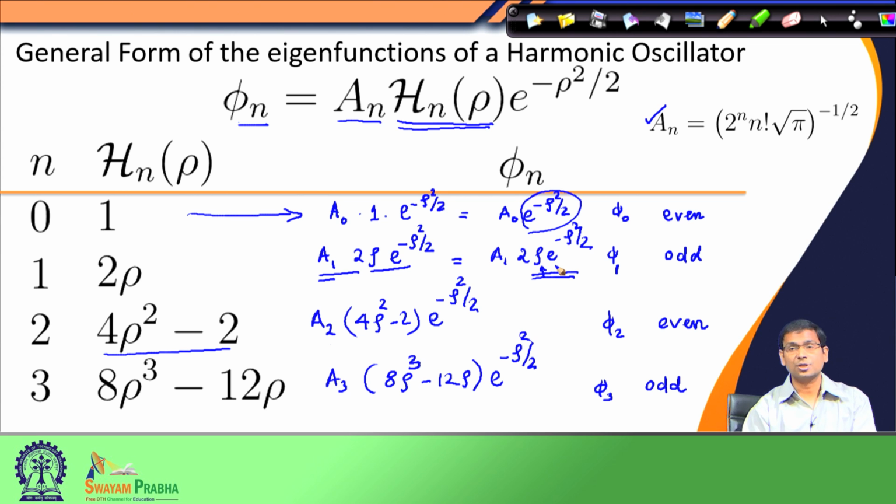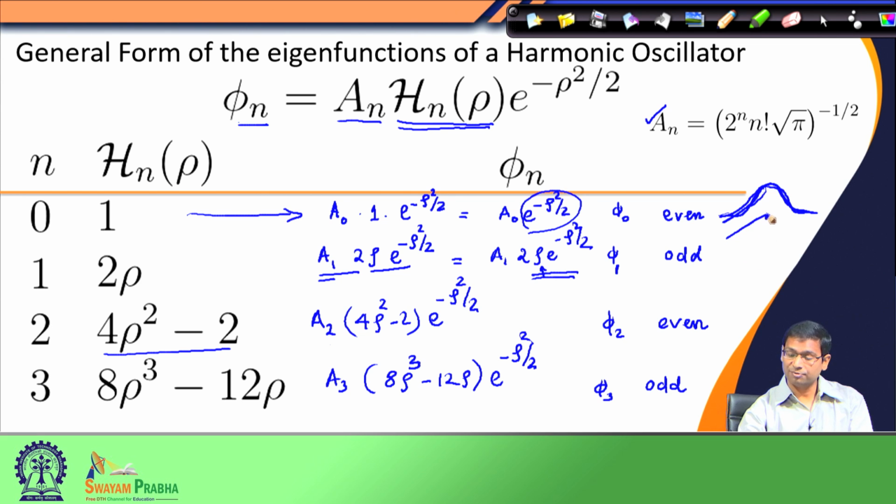The bell shaped Gaussian function we have already seen. This would be a Gaussian function e to the power minus rho square by 2, which is symmetric around x equals 0, and I multiply this with rho to get this function. So, this is my 0.